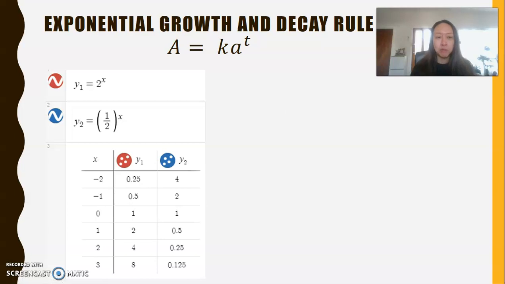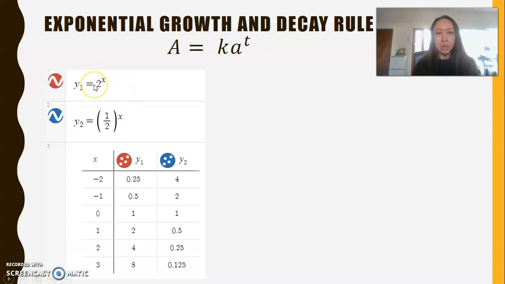As we learned previously from our exponential graphs, for example, if we have y equals 2 to the power x, I want you to also bear in mind that I've color-coded everything here so that it's easier for us to follow through. So if I have y equals 2 to the power x, we are looking at the corresponding values colored in red here as well.